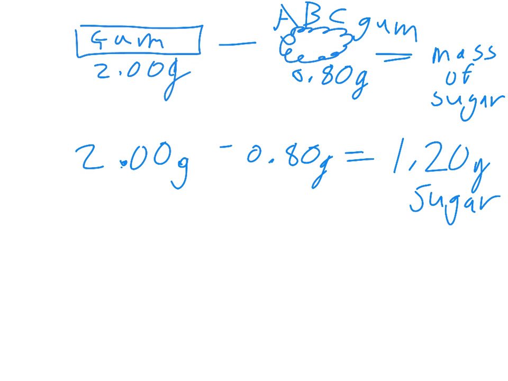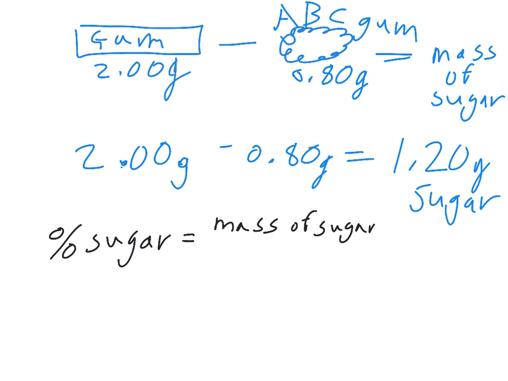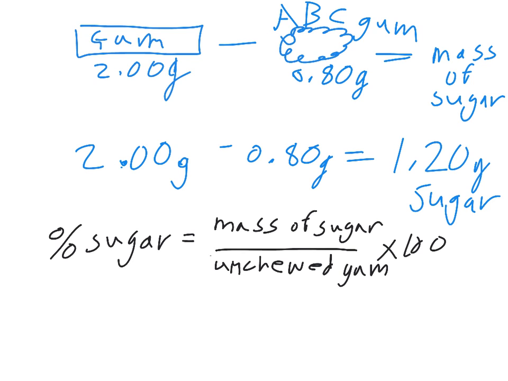So what's the percent sugar going to be? It's going to be equal to the mass of sugar, our part, divided by, here, let me be very specific with that. The unchewed gum times 100.